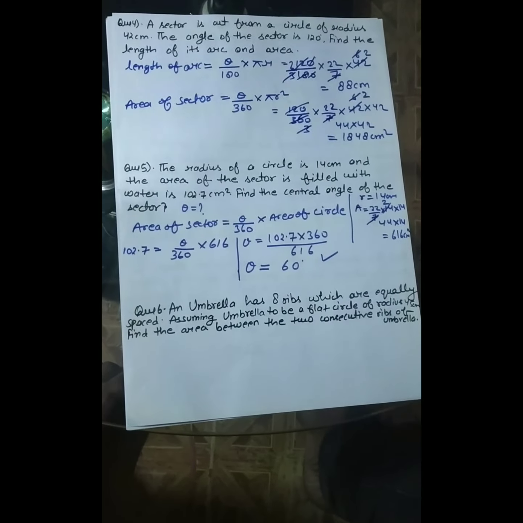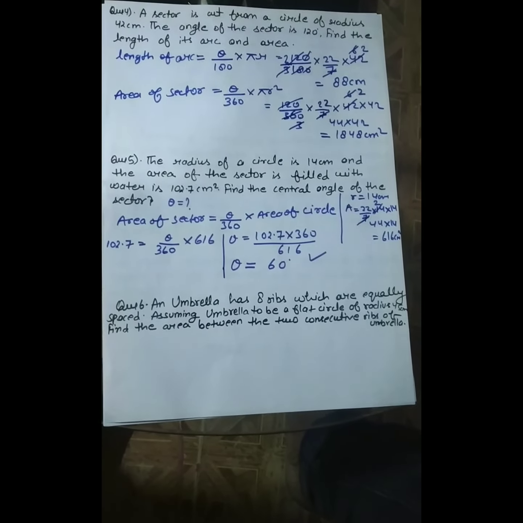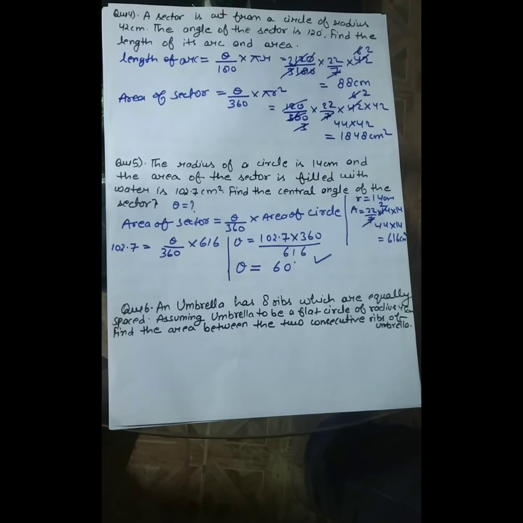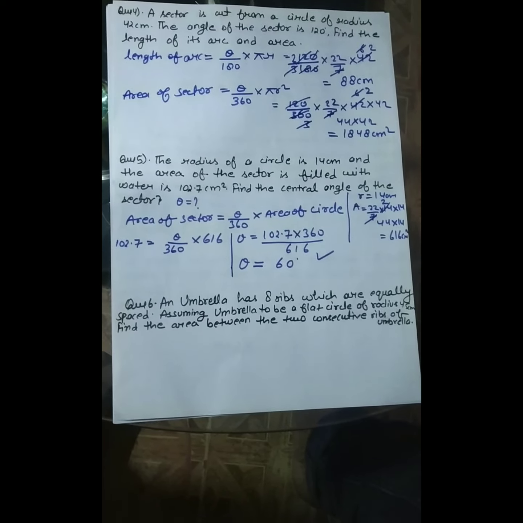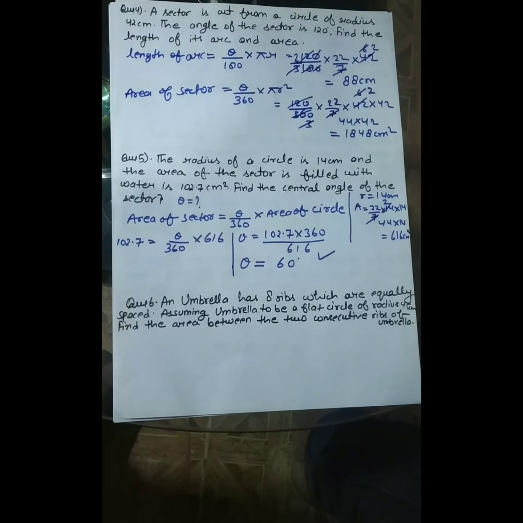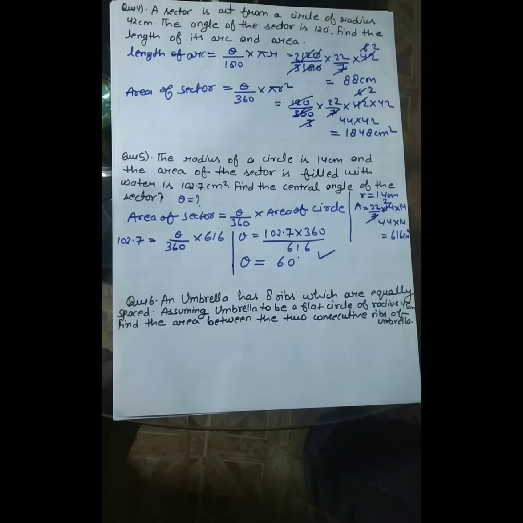Okay. Now the last question is an umbrella that has 8 ribs which are equally spaced. So assuming the umbrella to be a flat circle of radius 45 centimeter, find out the area between the two consecutive ribs of umbrella. So guys, in an umbrella there are the 8 ribs.